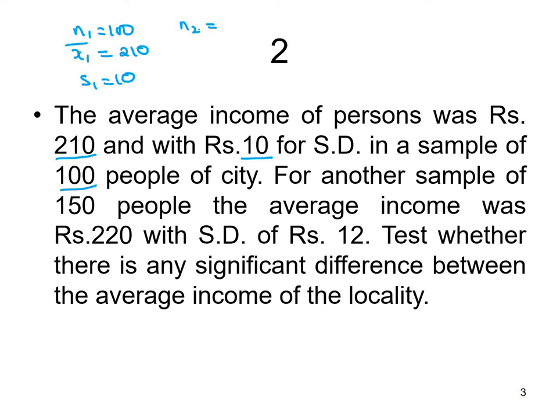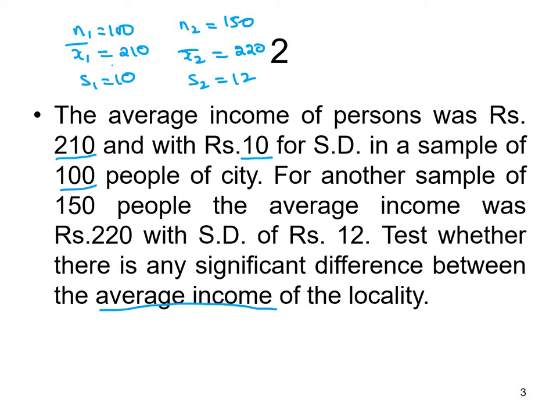N2 is 150 and X2 bar, the mean of the second sample, is 220 and S2, the standard deviation of the second sample, is 12. So here these data are given. We can check the difference between the mean as well as the standard deviation. Here it is given, find the significant difference between the average income of the locality.